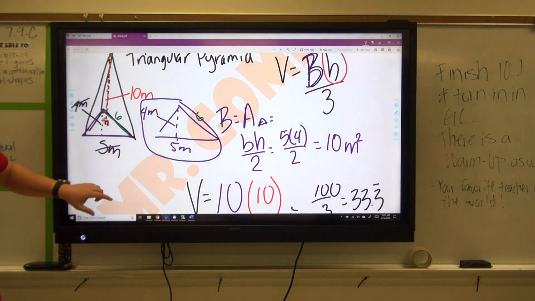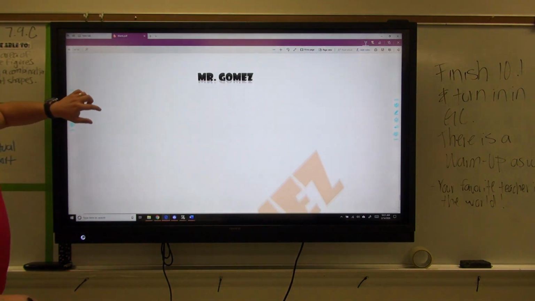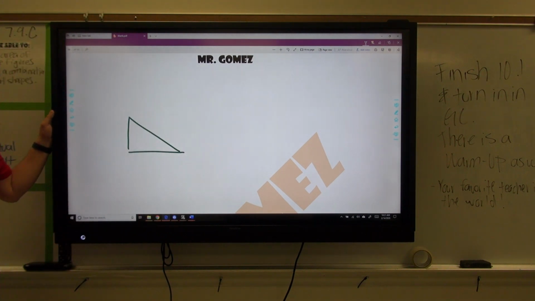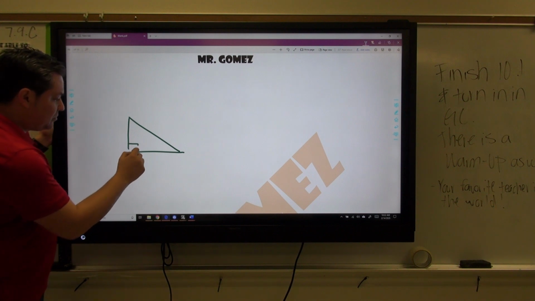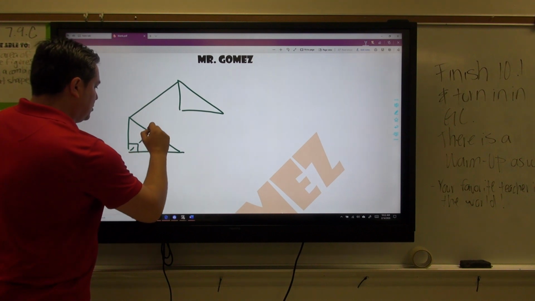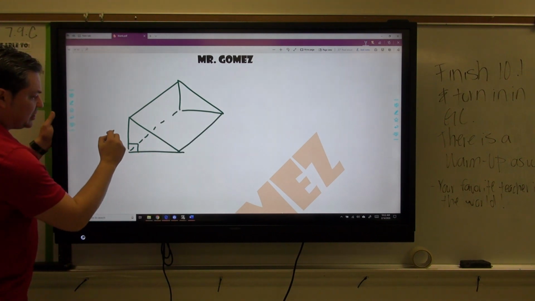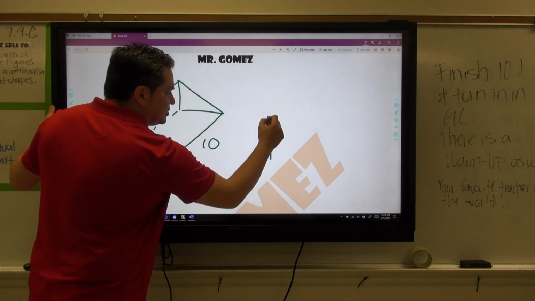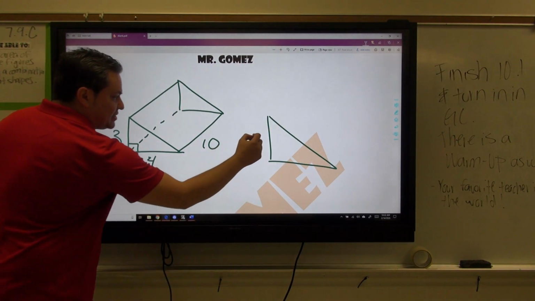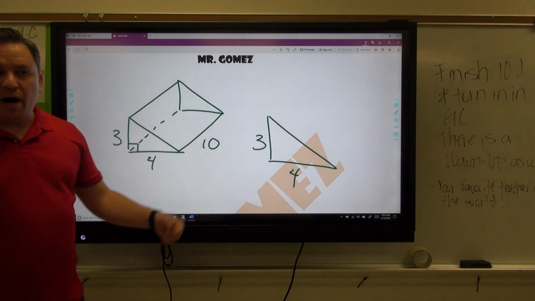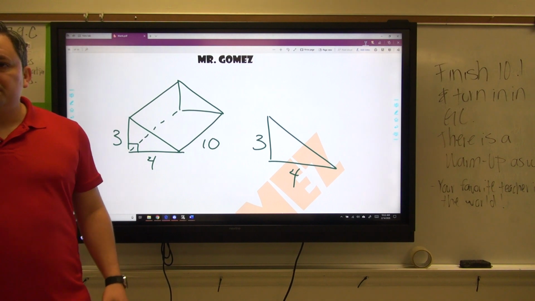That's a common mistake. Now, whenever they give you a shape, let's say, what type of triangle is this? Right triangle. So if they give you a shape like this, and they say this is 3, this is 4, this is 10, the area of the base, now this is the height, right here. That will be the height. Why don't I have a dashed line right here?